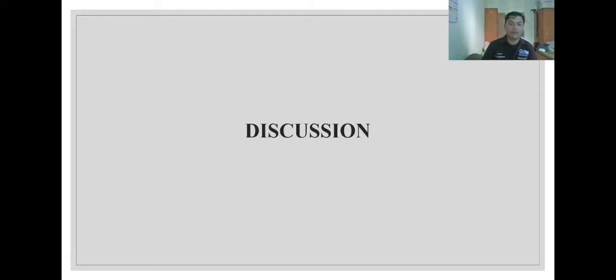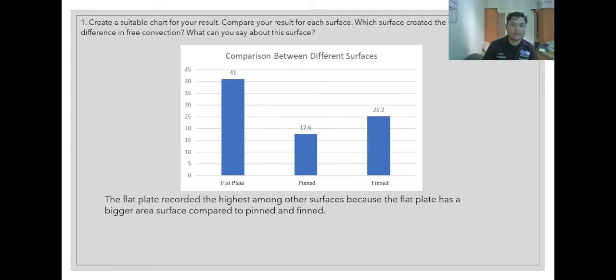Alright, now we jump into the discussion. We have created a suitable chart for our result, and we have gained the comparison between three different surfaces. We recognize that the flat plate has the highest temperature difference among these three.